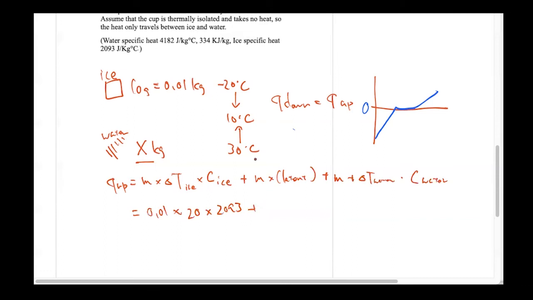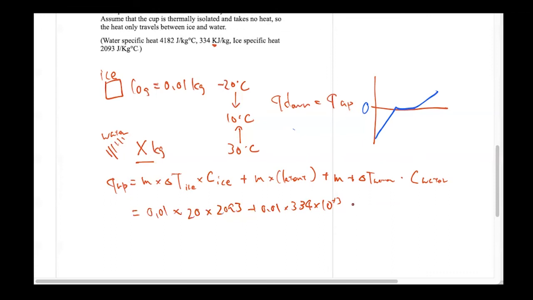And again, you want to plug this value into this M. And the latent heat is 334. Remember that this is kilojoule, and the other things are just joule. So don't forget to multiply by 10 to the power of 3 so that you can have all joules in this equation.